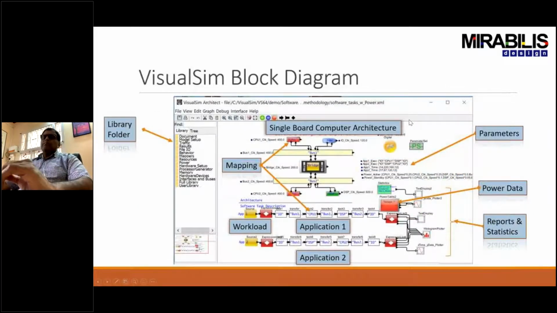Now when you look at the VisualSim model, you see a very similar environment to what you saw earlier for the block diagram. You still have your library folders. You can see the parameters. You can see all the reports. But now things get different. You don't just see one flow. You do see the flows here, which is really related to the application. So you see the workload generator, similar to that one, but you have multiple workload generators.